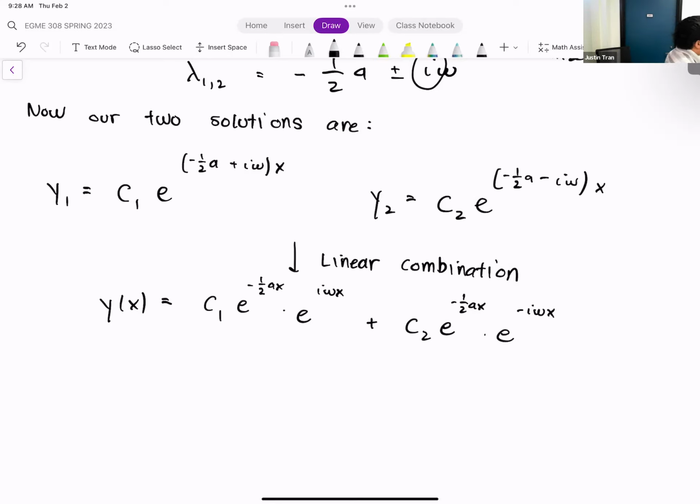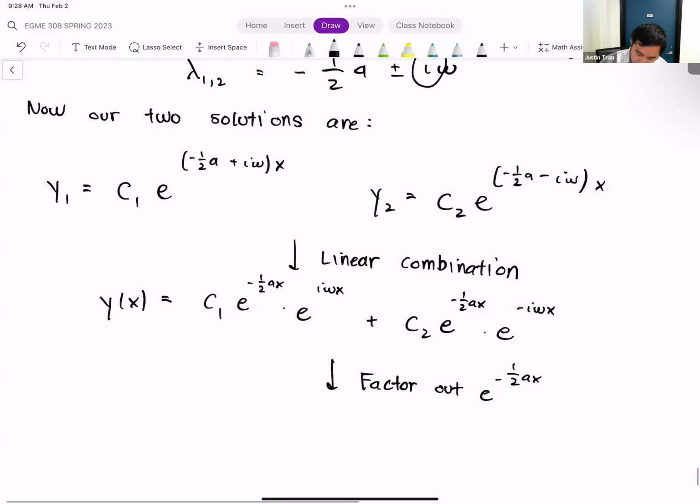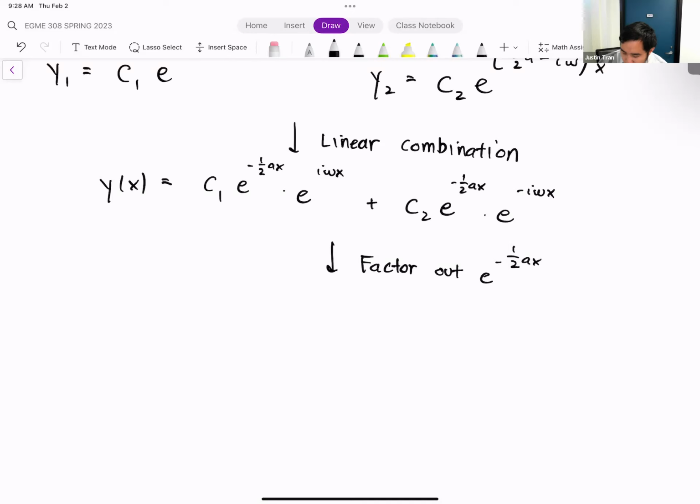And then our second solution is c2 times e to the minus 1/2 ax times e to the minus i omega x. Okay. I'm going to go ahead and factor out e to the minus 1/2 ax. So our solution is e to the minus 1/2 ax times c1 e to the i omega x plus c2 e to the minus i omega x.